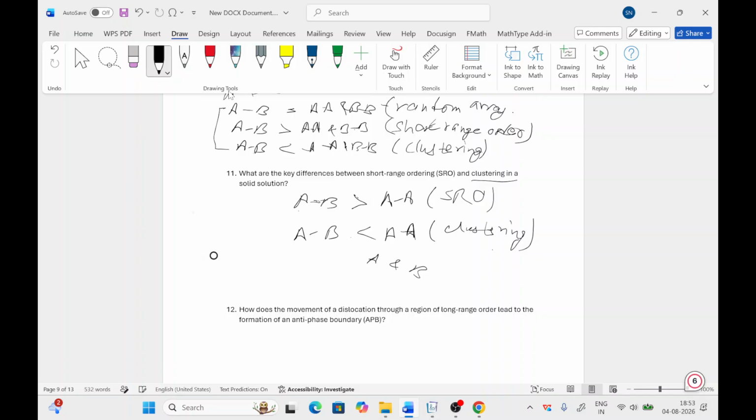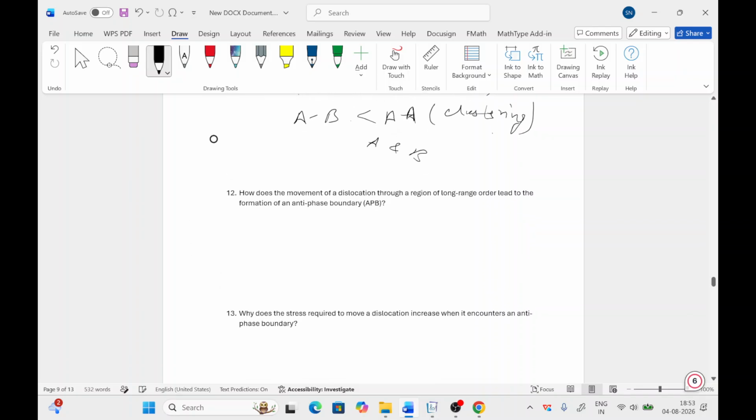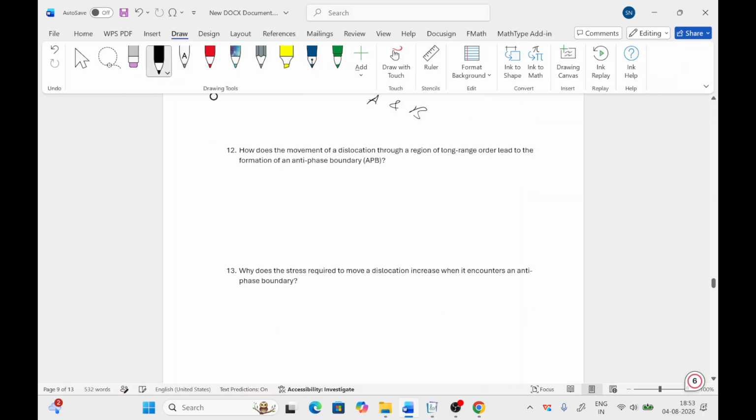Okay. Then next question is, how does the movement of a dislocation through a region of long range order lead to the formation of an antiphase boundary?